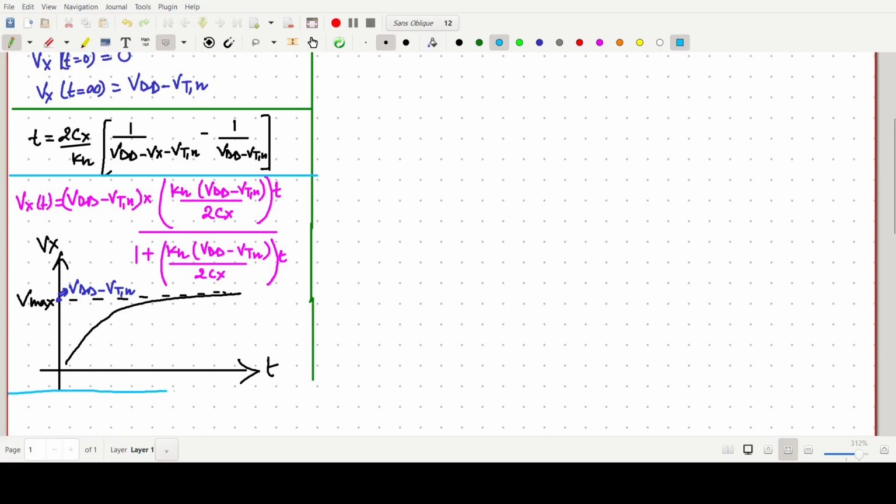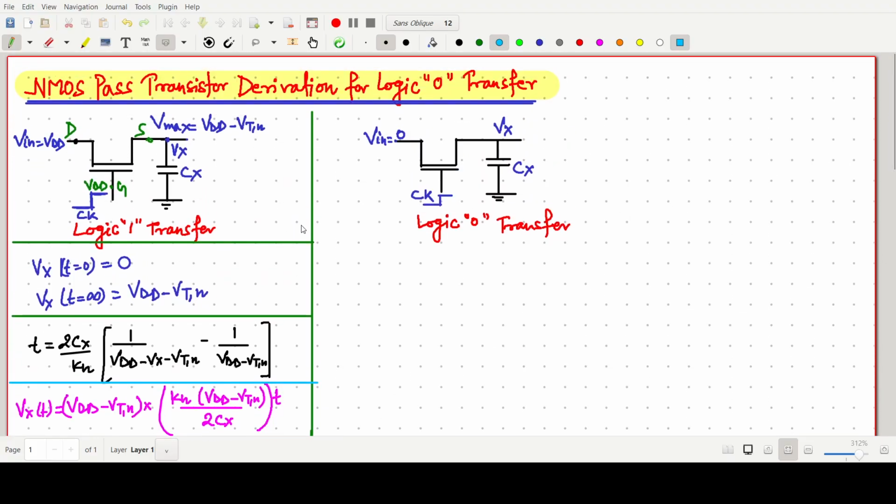So now today we will try to think about the condition when we are giving Vin equal to 0. In this situation we have assumed that initially the circuit is able to transfer logic 1.